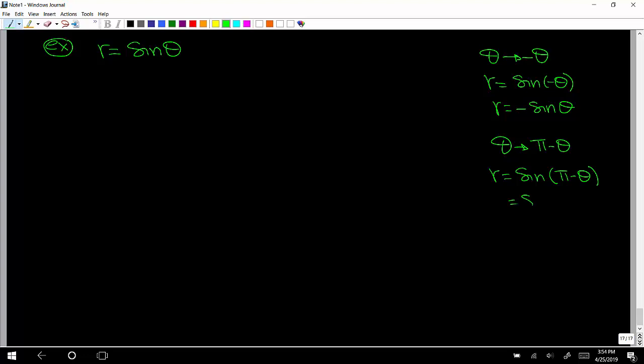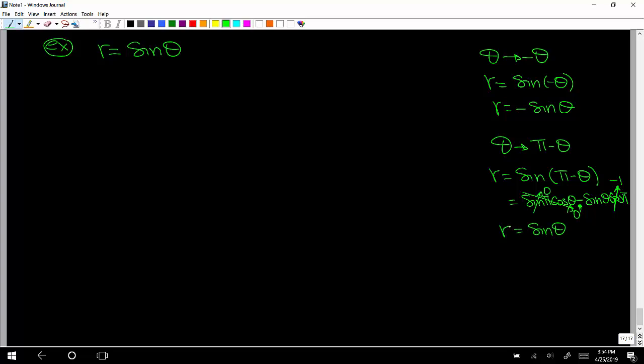Once again, I'm going to use a trig identity. I get sine of pi cosine theta minus sine theta cosine of pi. I know from trig that sine of pi is 0, so this whole thing is gone. Cosine of pi is minus 1. There's a negative in the front, so that'll make it positive, so you'll just get sine theta.